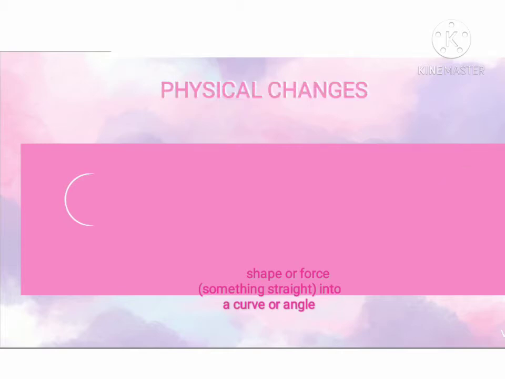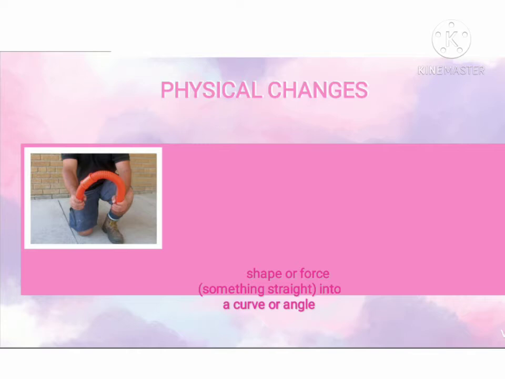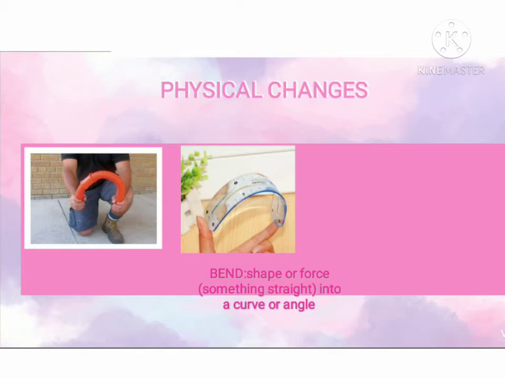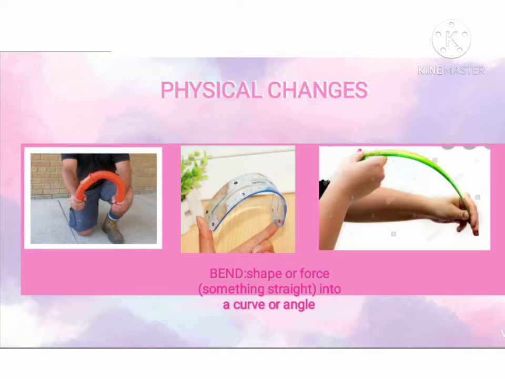In the physical change, what do we call the force that turns something straight into a curve or an angle? We call this bend. So this man bends the parallel bars, and also here is a picture of somebody bending the ruler. So this is the action of bend.